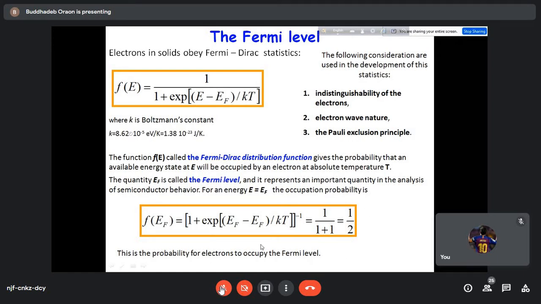That means if the chance that an energy level will be occupied by an electron is 50%, then that particular energy level is called the Fermi energy level.